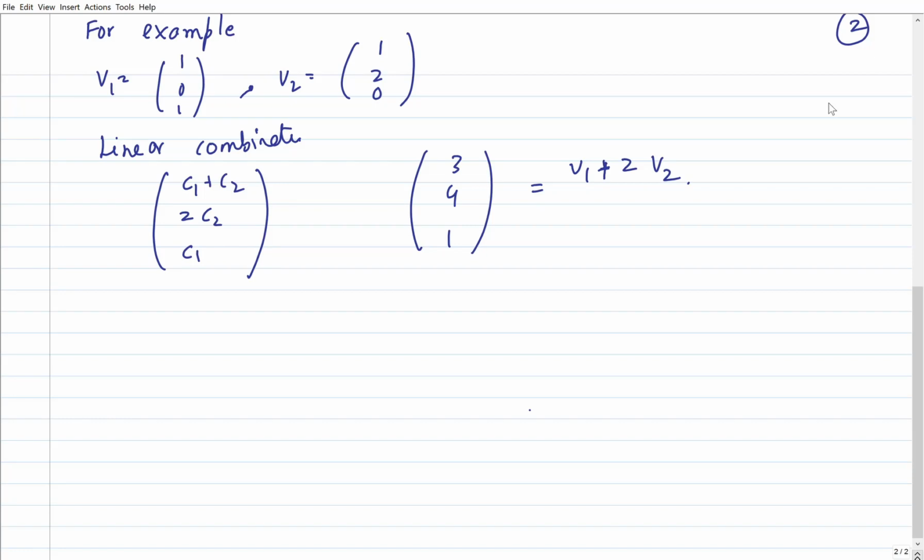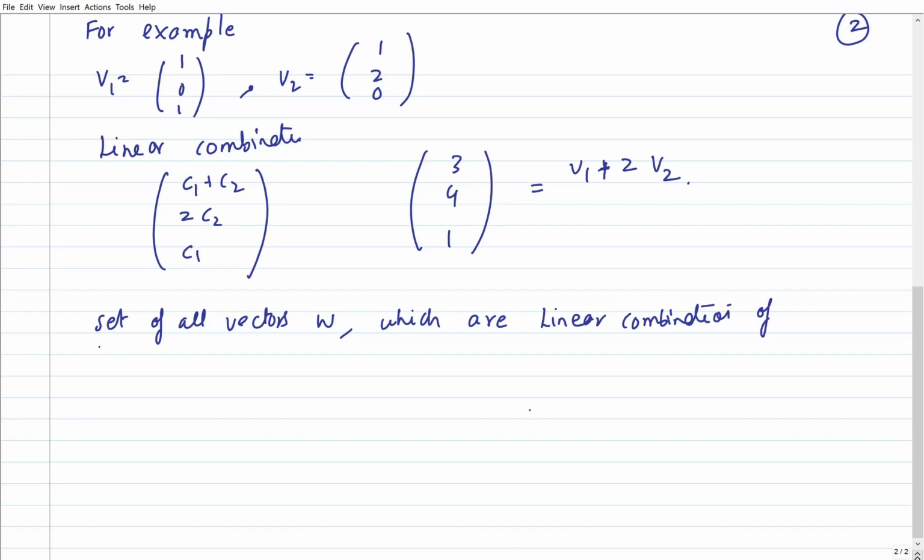So this was a concrete example. Now let's consider the set of all vectors W which are linear combinations of some subspace.